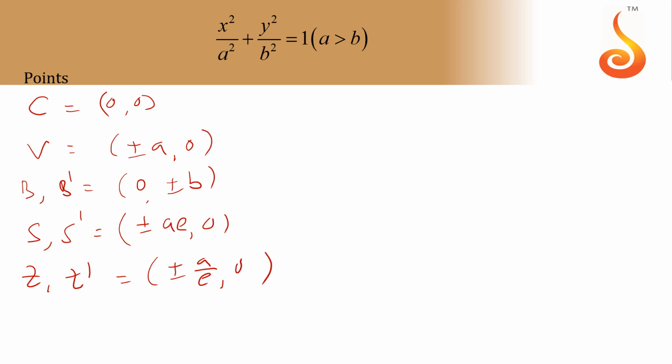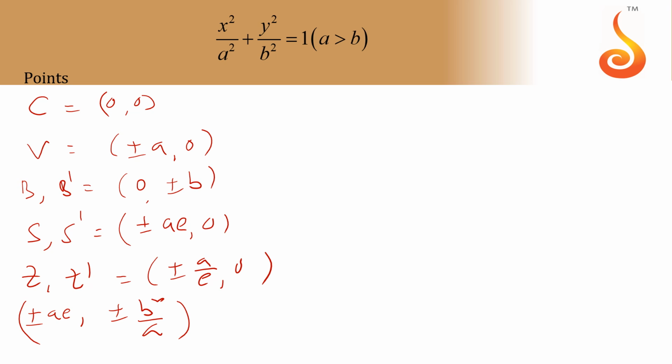The latus rectum ends: you will have two latus recta, so plus or minus ae comma plus or minus b square by a. Which combinations? Because it is a horizontal ellipse, first and fourth quadrants one, second and third quadrants one.